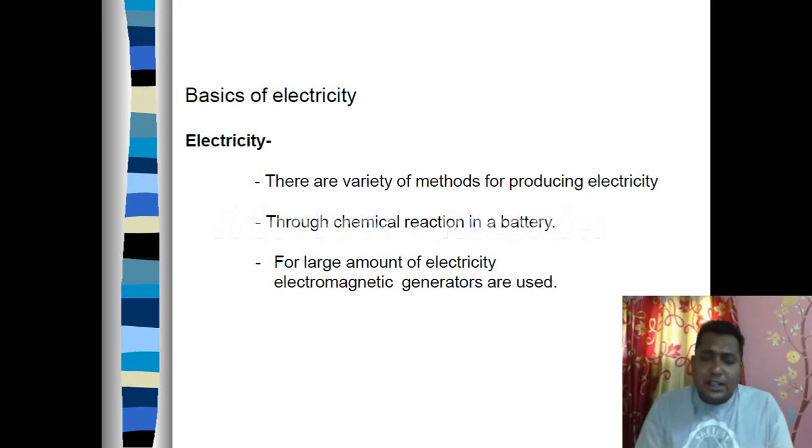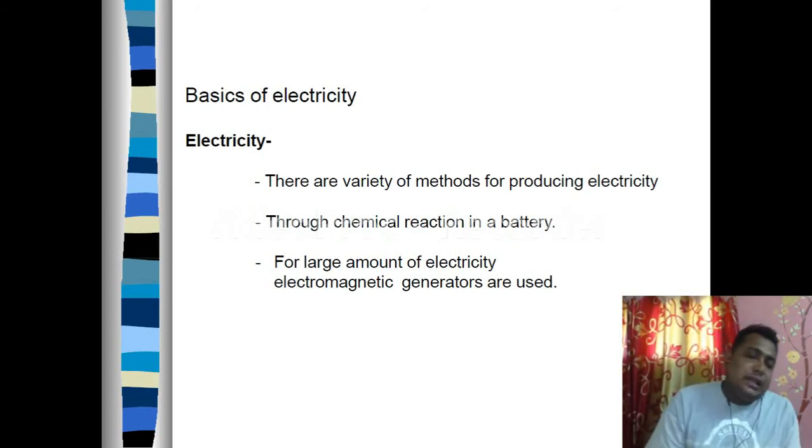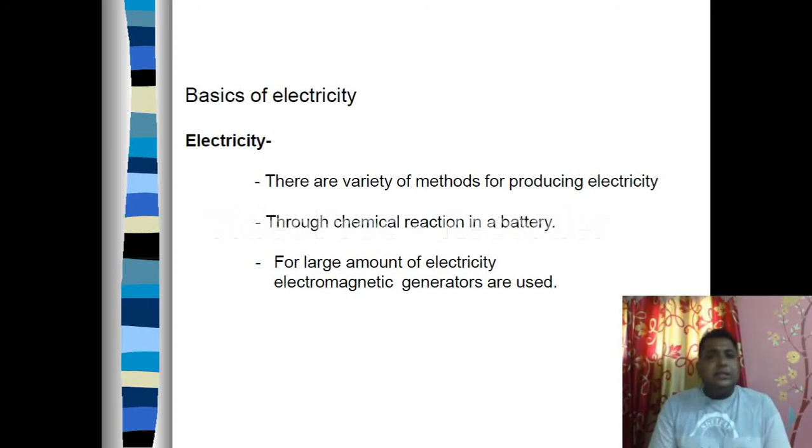So the point is that if we rotate a generator and generate some electricity from it, then it is definitely an electromagnetic action. Those points are mentioned over here. Through a chemical process it can be done in a battery, and for a large amount of electricity we use generators. So the main principle of generators is electromagnetism.